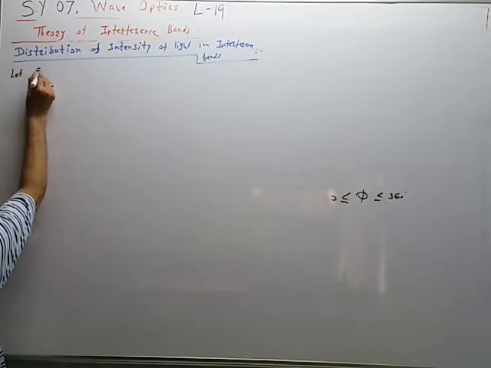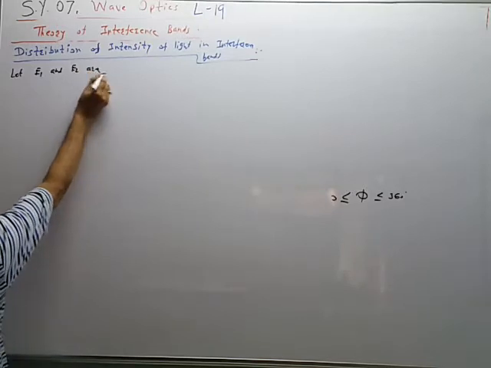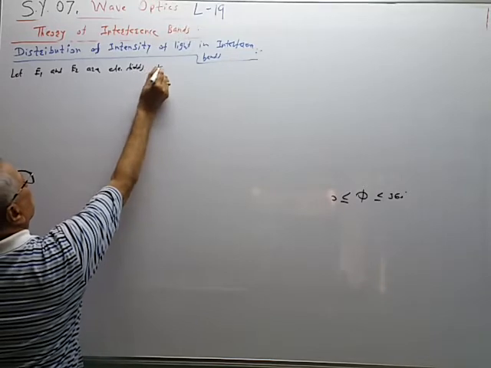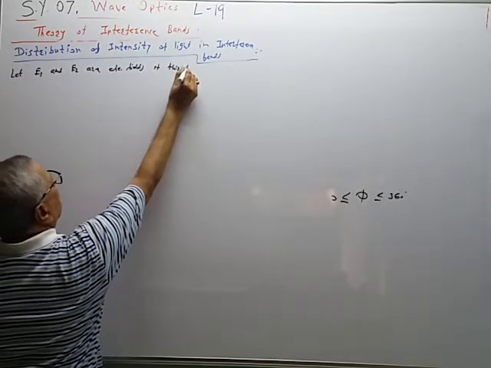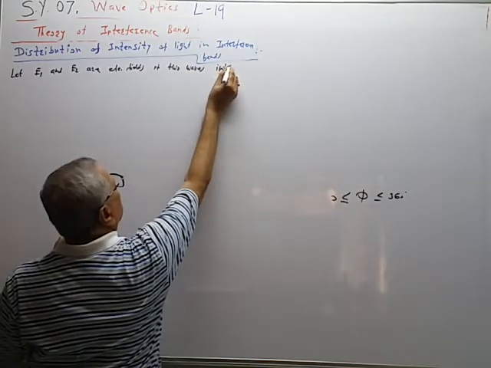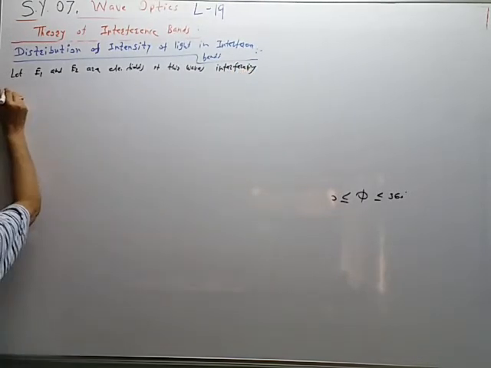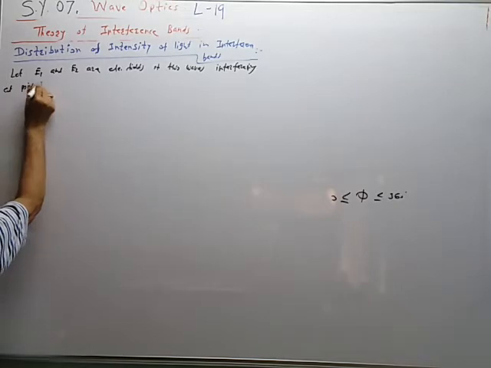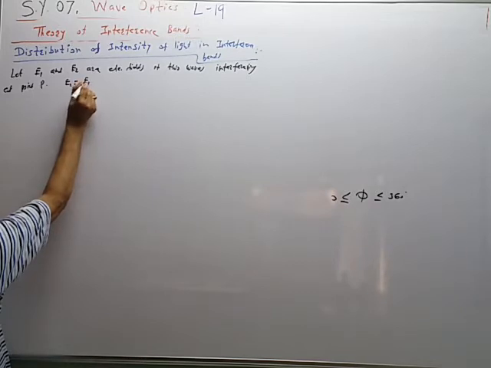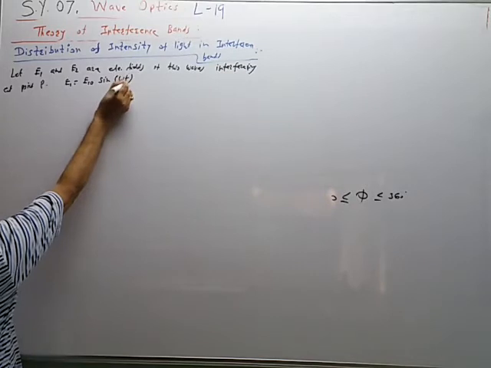Let E1 and E2 be the electric fields of the two waves interfering at point P. E1 is equal to E10 into sin of omega t.